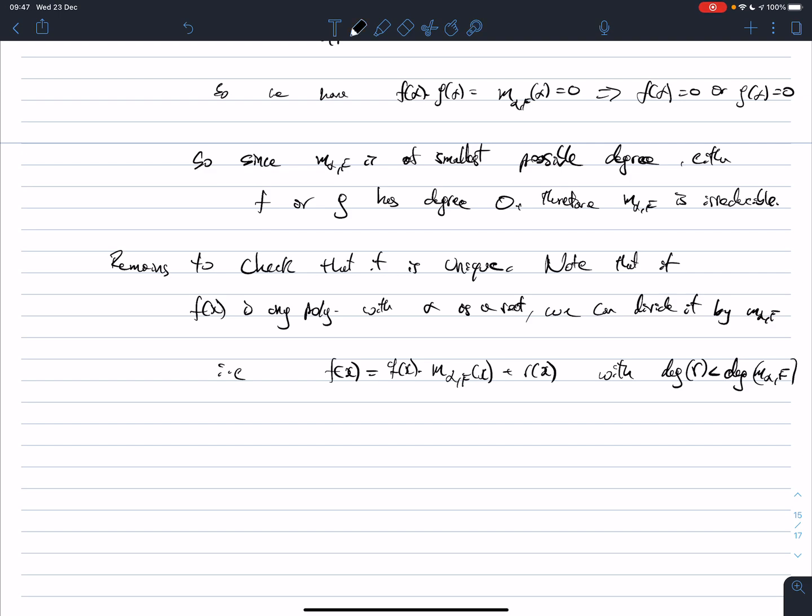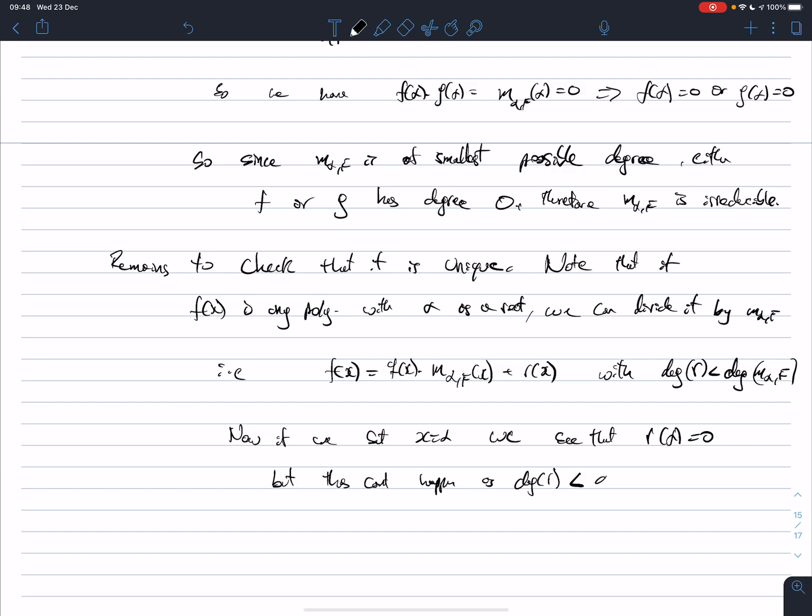But now you can see what I'm going to do. I'm just going to evaluate this expression at alpha, and then you're going to get that r has to be 0, so it does actually have to divide it precisely. So now, if we set x equals to alpha, because f of x has a root, we see that r of alpha has to equal 0, but this can't happen as the degree of r is strictly less than the degree of m alpha of f.